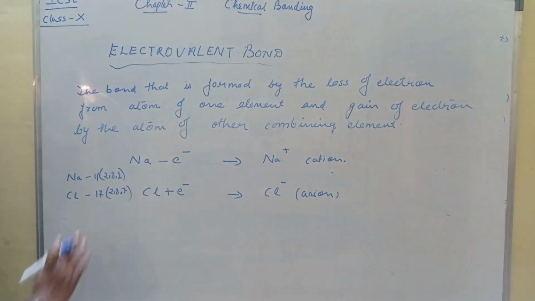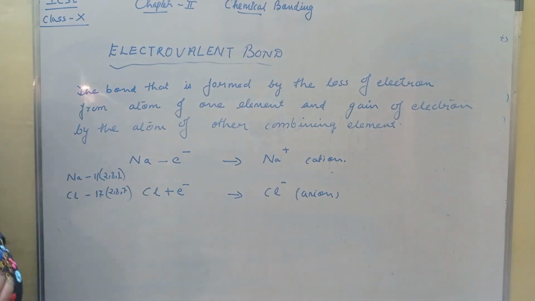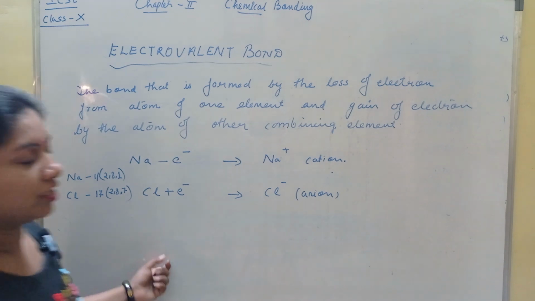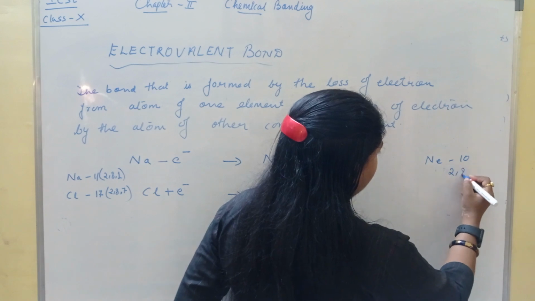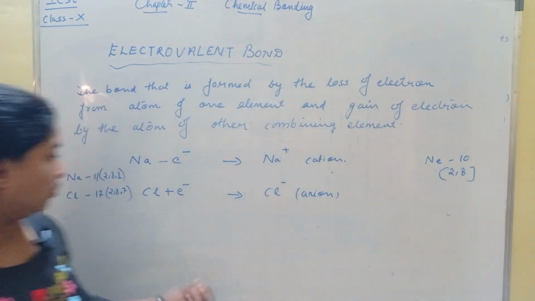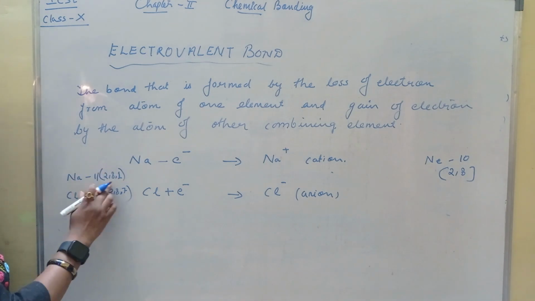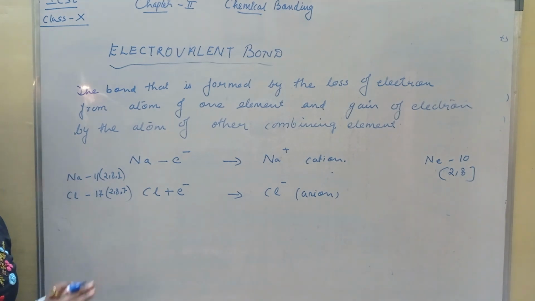If it gives its one electron, it will gain the electronic configuration similar to neon. Neon atomic number is 10, configuration 2, 8. So after giving this one electron, sodium will gain the electronic configuration similar to neon, complete its octet and become stable.